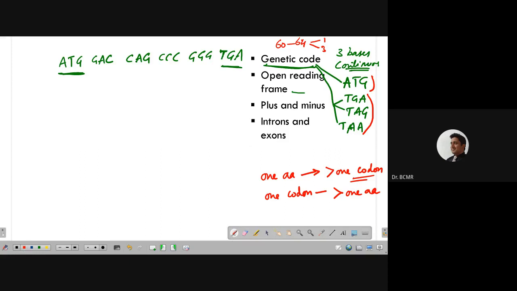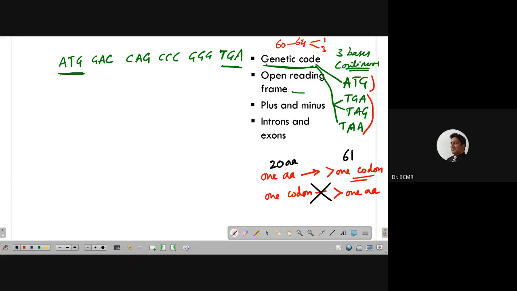It is false. One codon will code only for one amino acid. One amino acid can be coded by more than one codon. That's because we have about 20 amino acids and we have 60 codons. You can call it 61 because the start codon also codes for something. So there are 61 codons and 20 amino acids, so obviously some of the amino acids are coded many times. That's about some of the things about the genetic code.